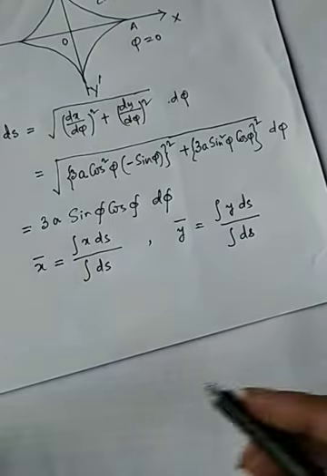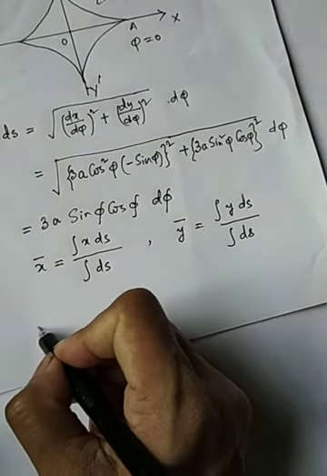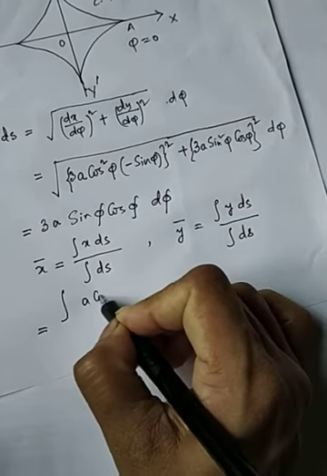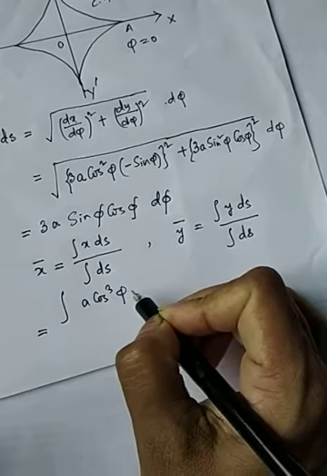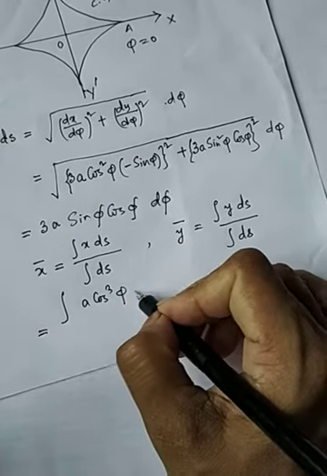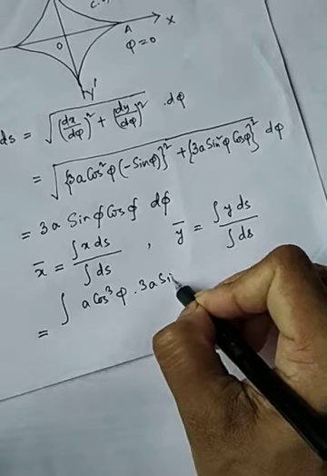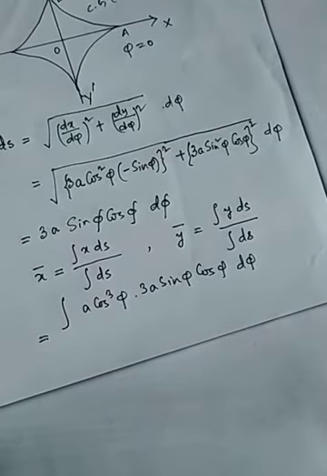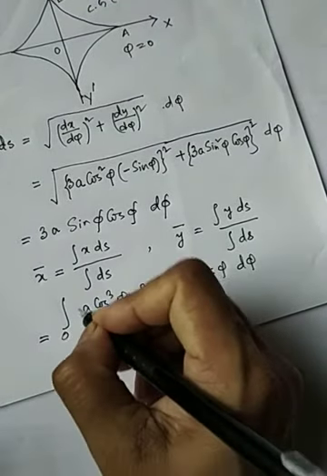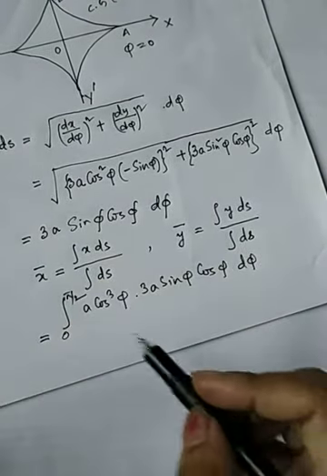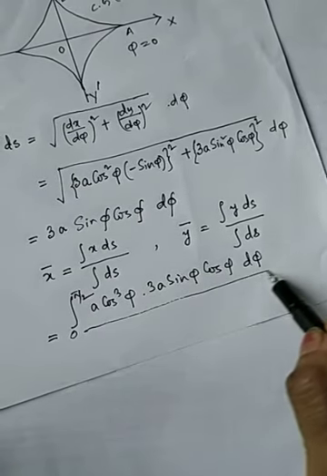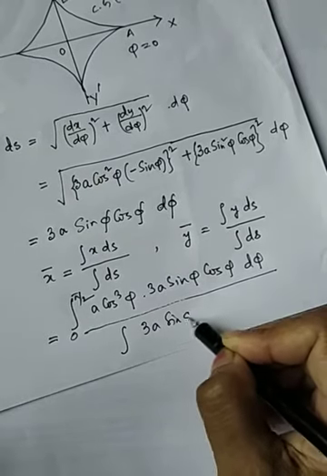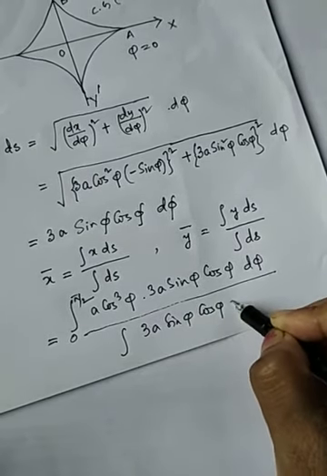So let us find this x bar. So this is x meaning a cos cube phi, and ds we have found 3a sin phi cos phi d phi, and the phi limit is from 0 to pi by 2, and the whole thing is divided by integration 3a sin phi cos phi d phi.